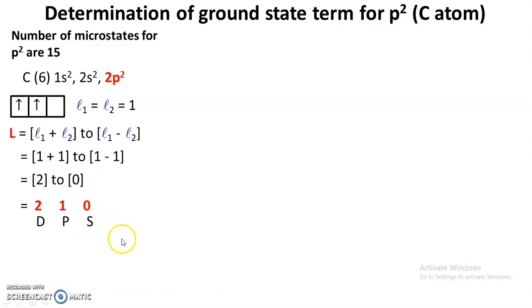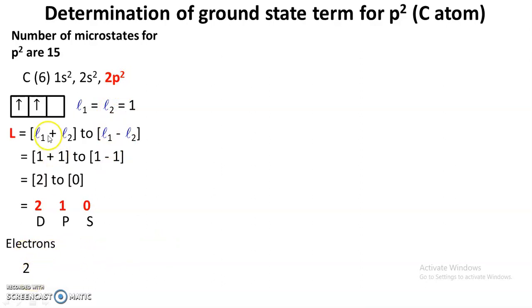So the possible L values are 2, 1, 0, because each L value differs from its neighboring value by unity, and the corresponding state symbols are D, P, S. When L is equal to 0, the state symbol is S. When L is equal to 1, it is capital P, and when L is equal to 2, it is capital D. So these are the state symbols for the p2 configuration.